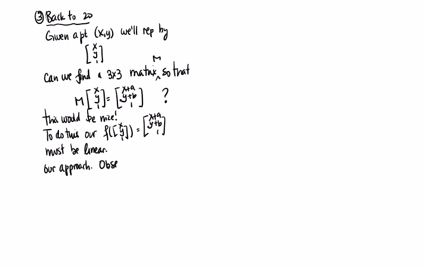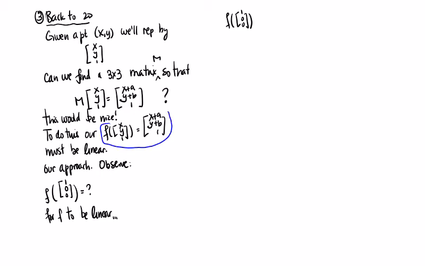So observe the following. What would F of 1, 0, 0 need to be? Well, we want F to be linear. In other words, if it's linear, ideally, this is what we would need, keeping in mind we only know this is what our behavior needs to be.